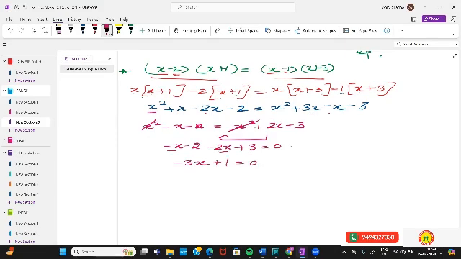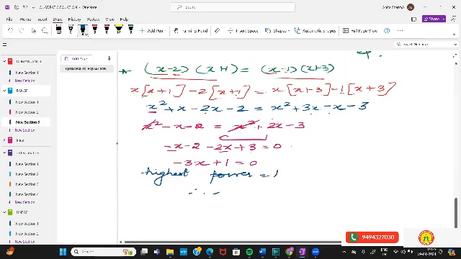So children, is it linear? Is it a quadratic equation or not? No, ma'am. Because its highest power is 1 and it is linear. So therefore it is not a quadratic equation.